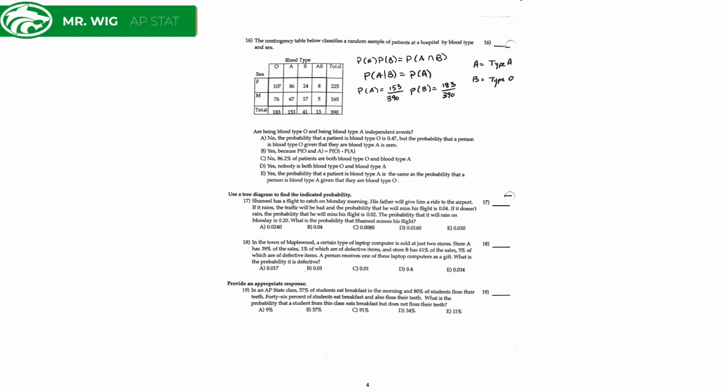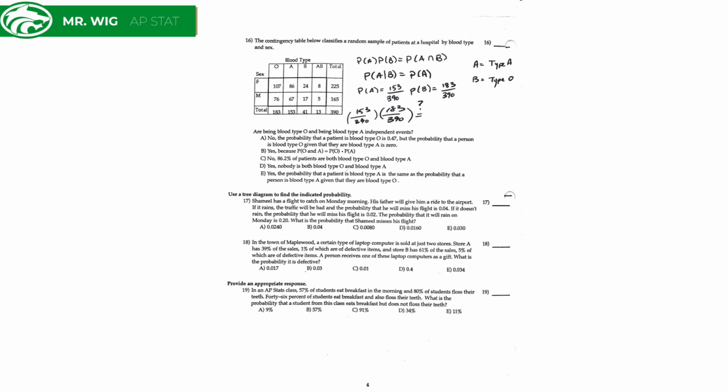Now, if we want to check, we can multiply them together. If we multiply these numbers together, 153 over 390 times 183 over 390, that should be equal, and that's a big question mark there, to the probability of having type O and type A blood.